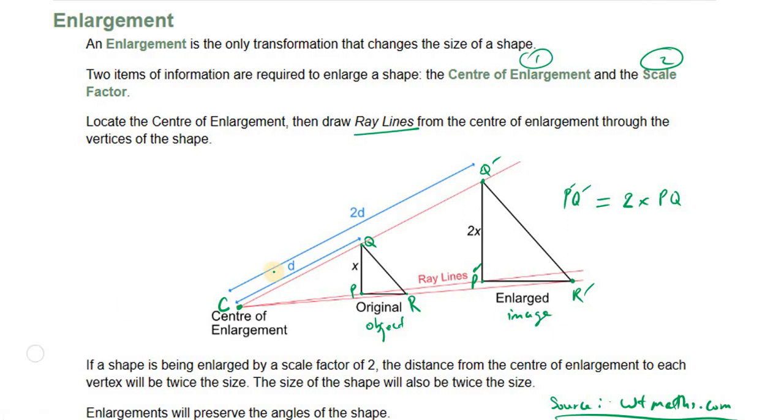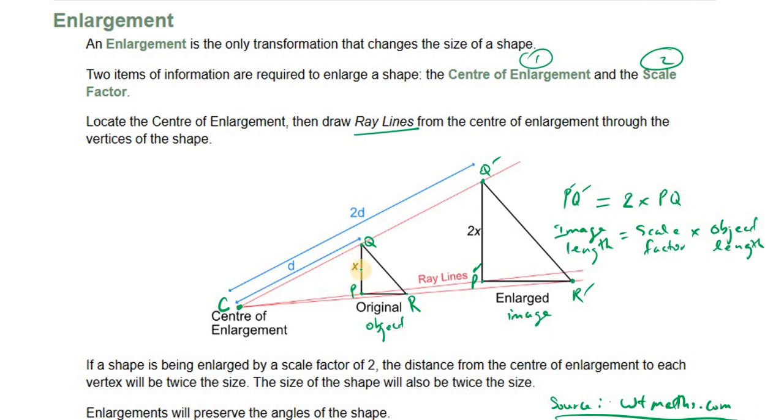Some correction there. So the image length is produced by the scale factor multiplied by the corresponding object length. So you just take the length of the object, for instance PQ, and multiply by the scale factor.